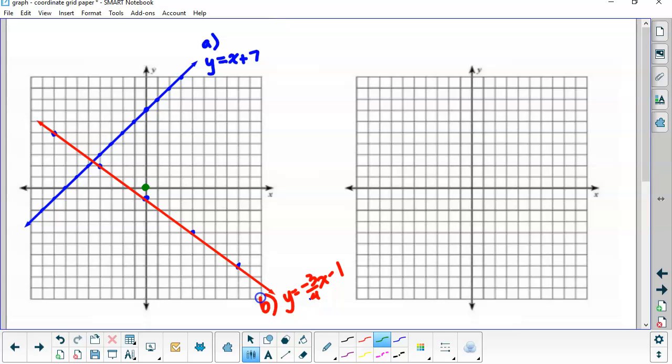So 0, and slope is negative 4/3. So now we go down 4 to the right 3. Down 4 to the right 3. Or up 4 to the left 3. Okay.